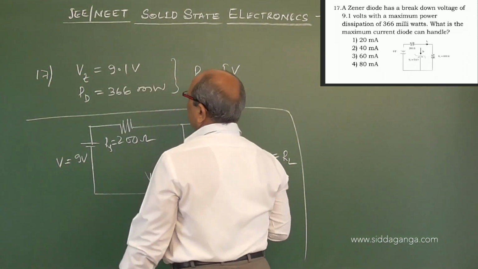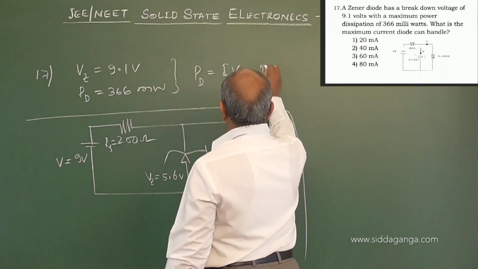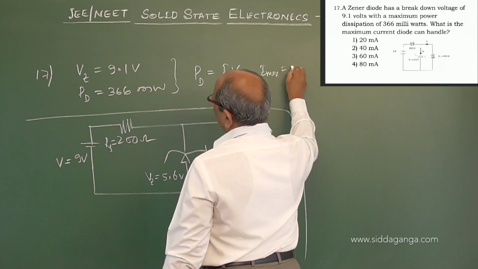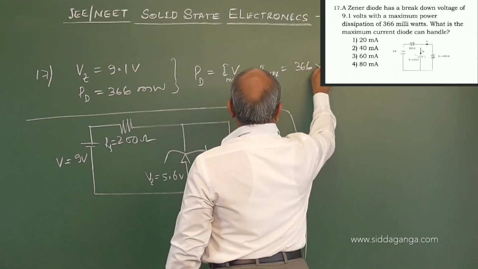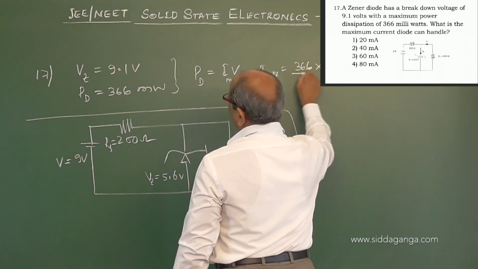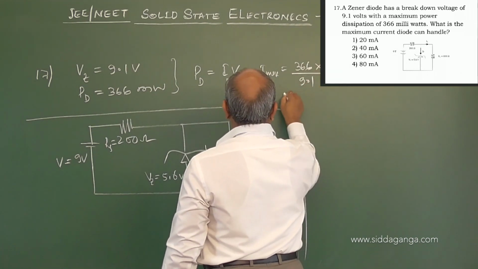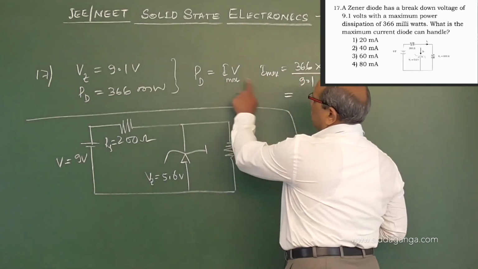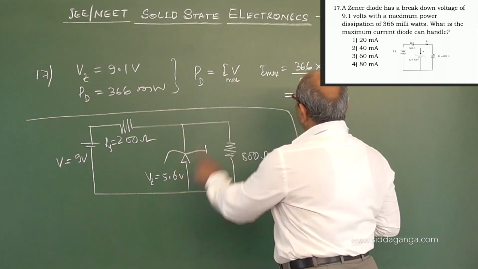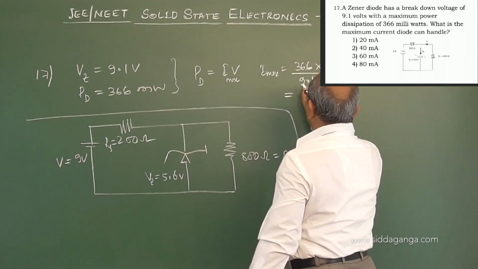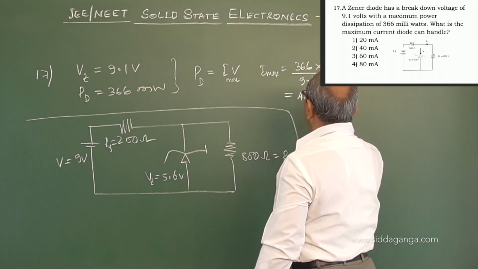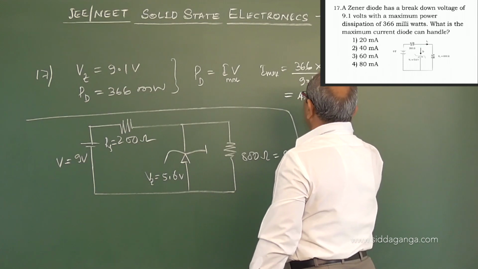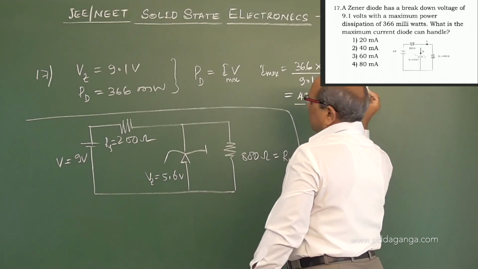So the maximum current the diode can handle, I max, can be equal to 366 into 10 power minus 3 divided by 9.1. Current into voltage is the power dissipated. If I make it 91, it is 10 power minus 2, or it is 40 if I take it as milliampere.